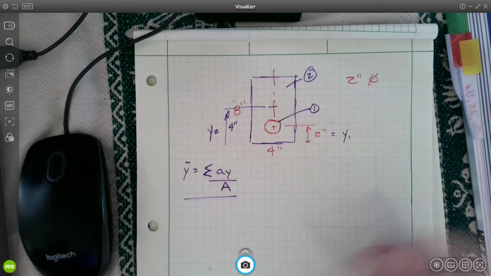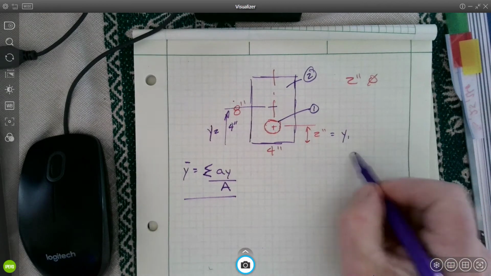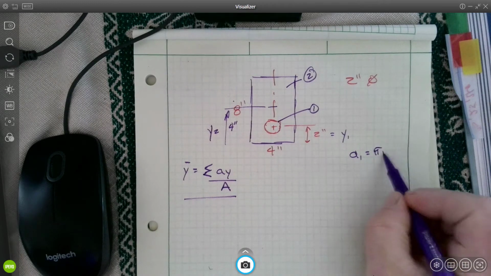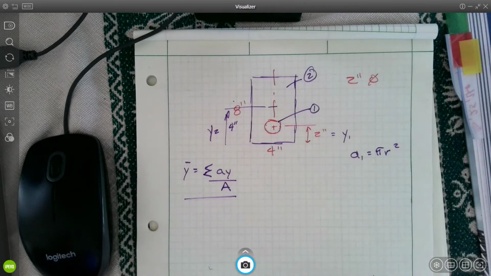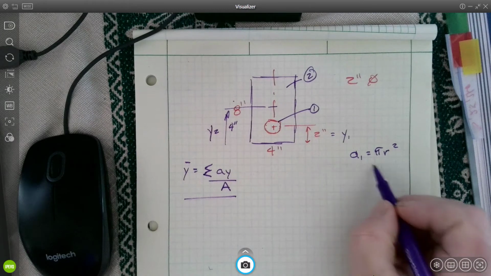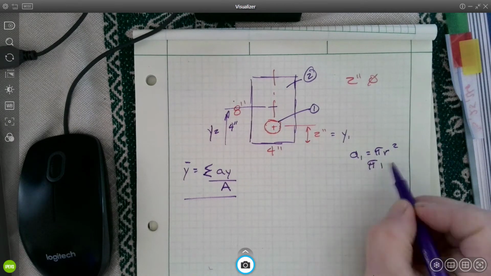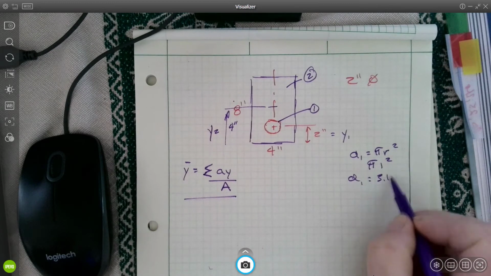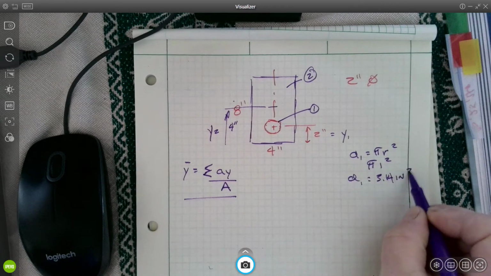So once you have that, you need to figure out your areas. So I know my area 1 here is going to be pi r squared. So that's going to be pi 1 squared. So area 1 is going to be 3.14 inches squared.